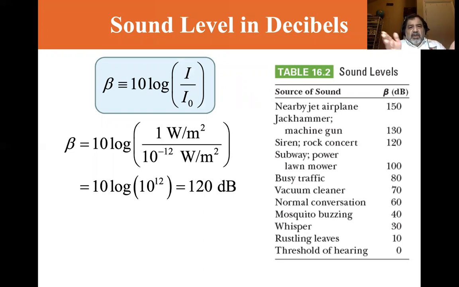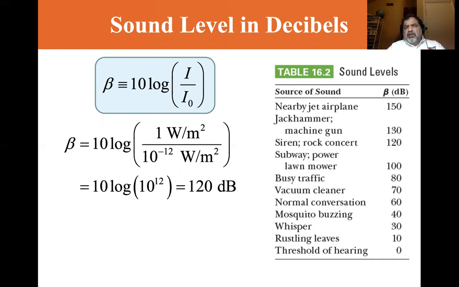So for 1 watt per meter squared, beta is equal to 10 log of 1 watt per meter squared divided by 10 to the minus 12. That's your I0, 10 to the minus 12 watts per meter squared. So it's 10 log 10 to the 12th. Well, the log of 10 to the 12th is 12, times 10 is 120. So it's 120 dB.